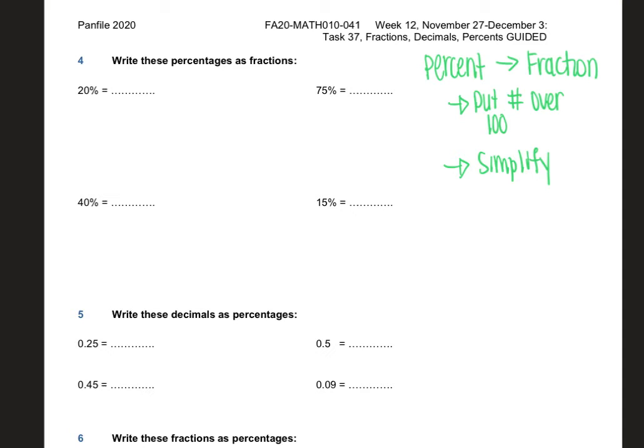However, because we're talking about a percent, we're able to just put it over 100 because when we're talking about percentage, we are talking about 100%. That's our total. So for this one, we're going to put 20 over 100, and then we're going to simplify. So 20 times 1, 20 times 5 on the bottom, the 20s cancel out, and I get 1/5.